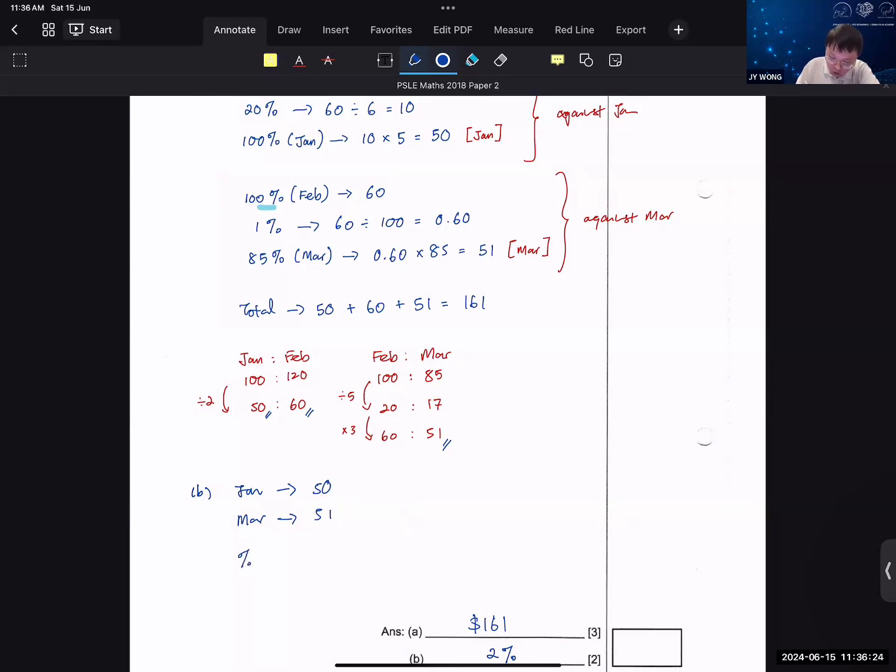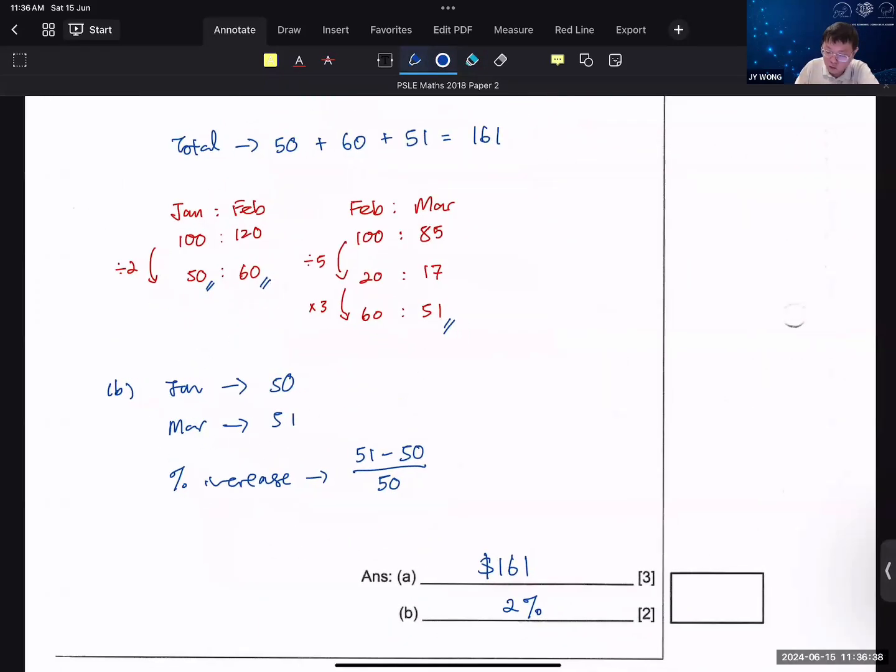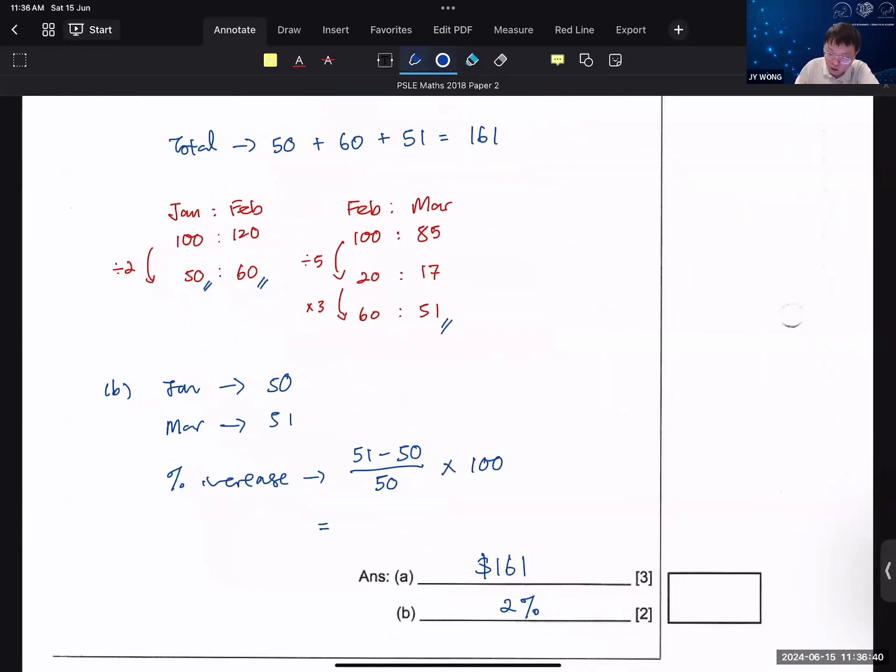So your percentage increase is difference over original. Now be very careful, your original must always be your earlier month in this case. Then you times 100%, and that will give you 2. It's a 2-mark question, so you must show me the step.